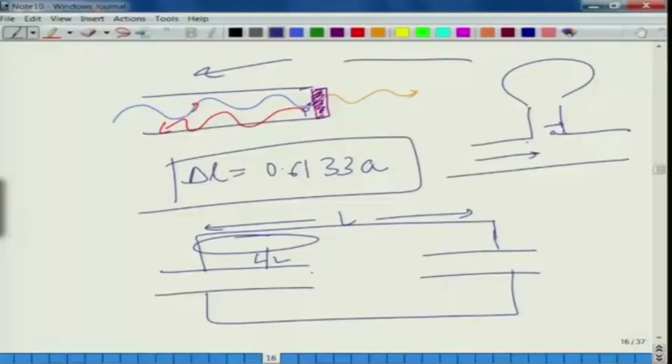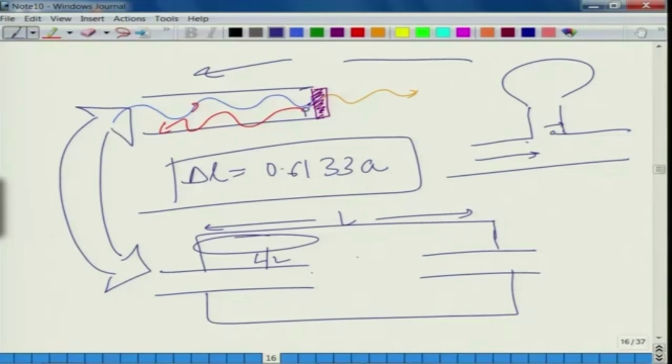So, this can be considered as this case. These two cases in a way are equivalent, because you have an open ended pipe discharging into an almost unflanged domain or space. So, the end correction, say the radius is r naught.